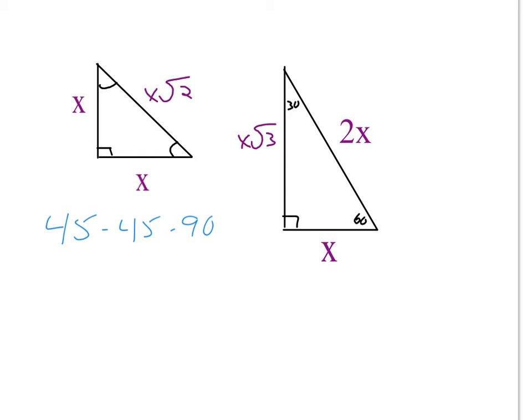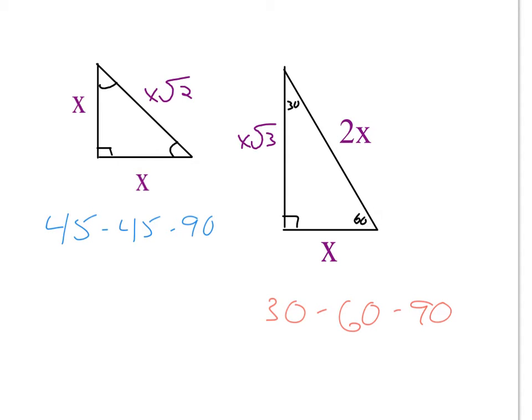The other type of special right triangle is the 30-60-90 right triangle. And in this case, our short leg is always going to have a length of x. Our second leg opposite the 60, the medium side, is x root 3, and our hypotenuse opposite the right angle is going to be 2x.